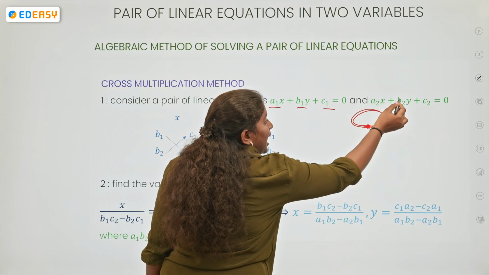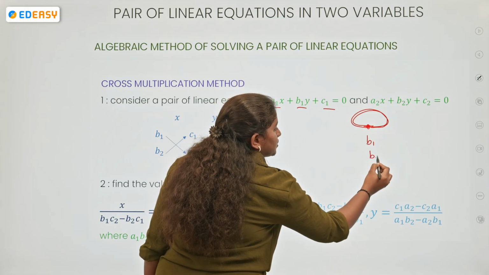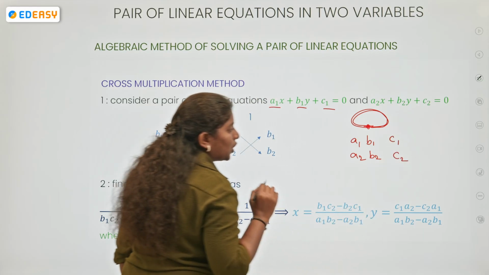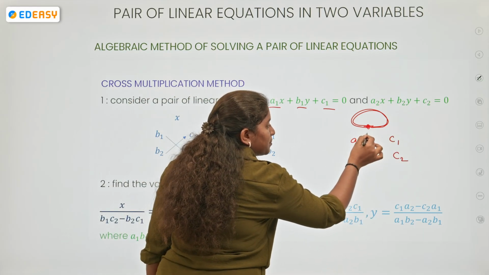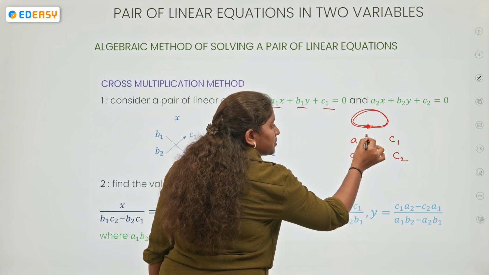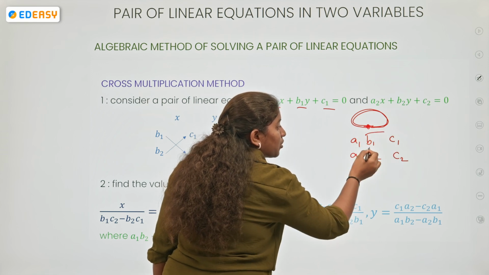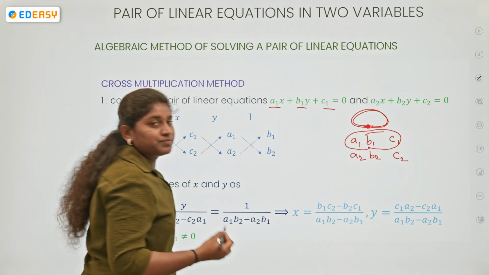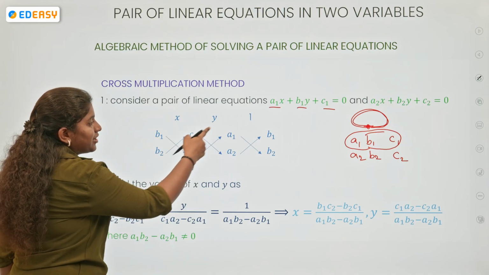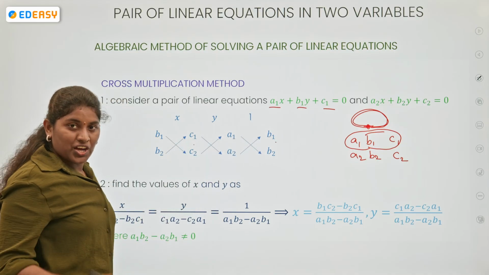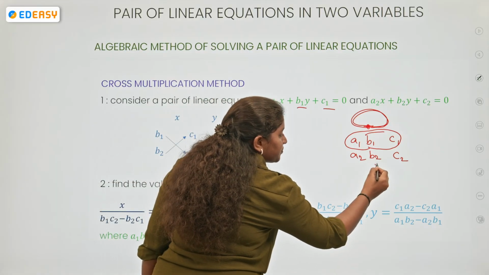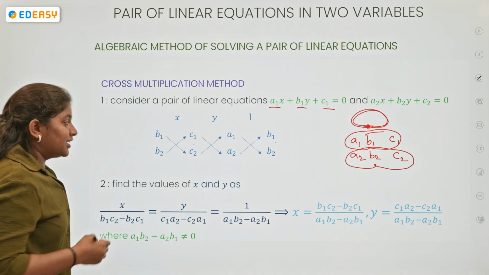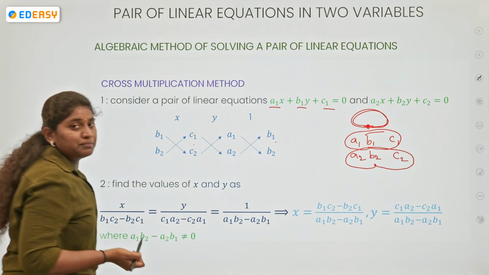In the same way, with the coefficients a1, a2, b1, b2, c1, c2, I am going to start from the middle, move in the anti-clockwise direction, and end with my middle value. So that is B1, C1, A1, B1. Similarly for the second equation, B2, C2, A2 and B2.